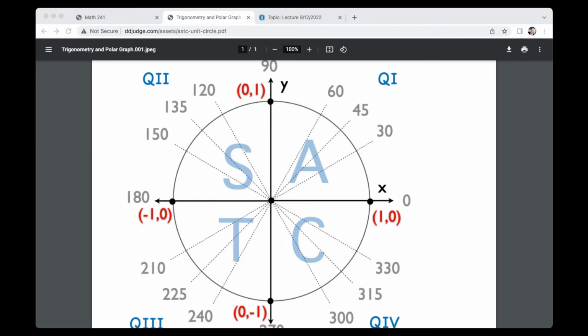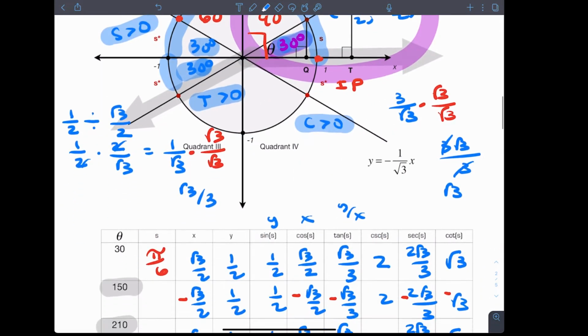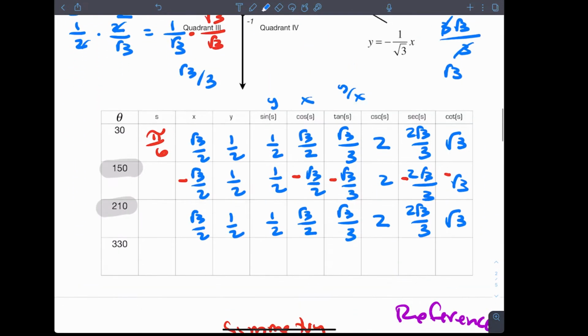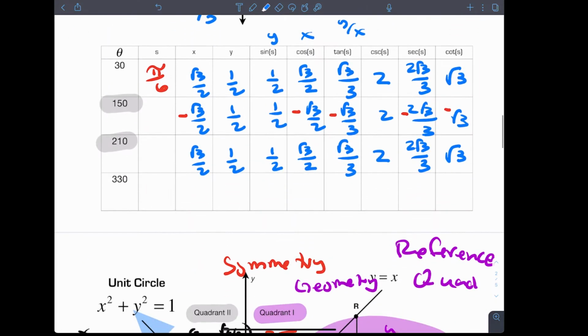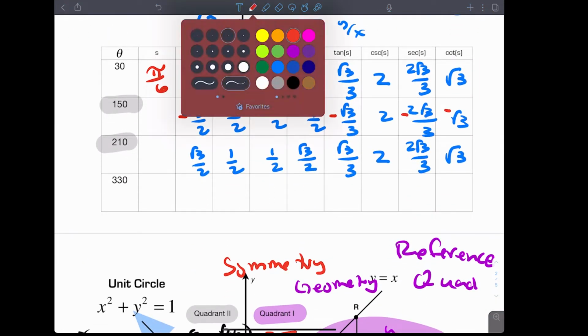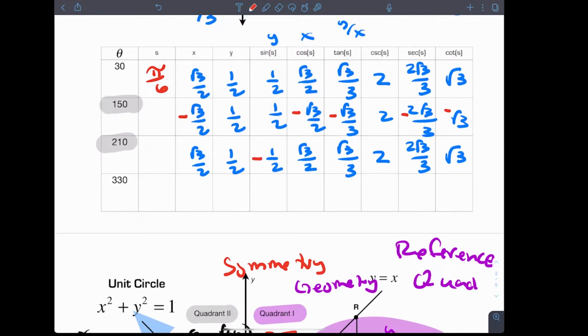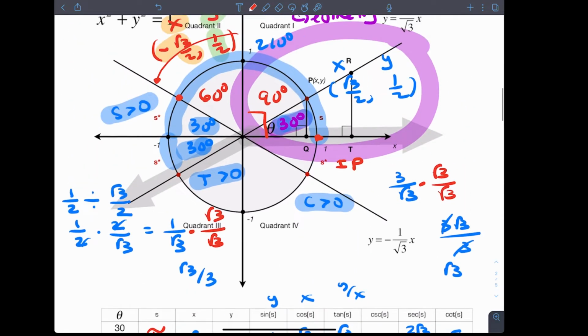So we're using that information now. And, okay, tangent's positive. What does that mean about sine then? What about cosine? Negative. What about cosecant? Negative. What about secant? What about cotangent? Positive. What about the two coordinates, X and Y?